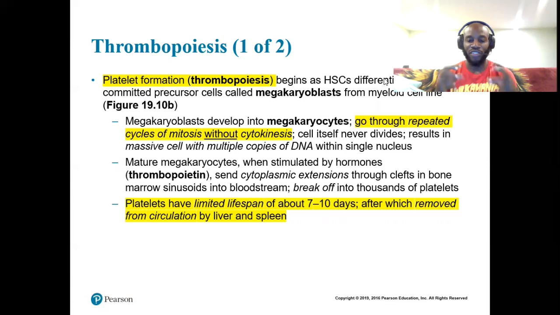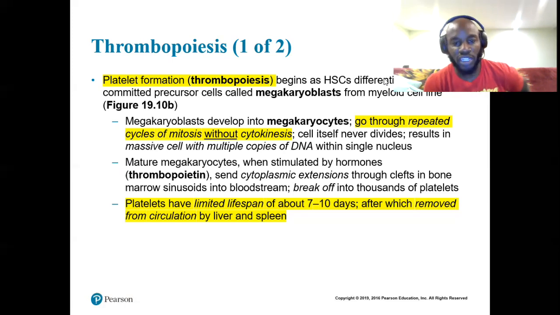Mitosis is cell division, and cytokinesis is breaking the cell apart into two separate parts. So the cell divides, but it still stays as one cell. So basically it just gets bigger and bigger as one big cell. In normal mitosis, a cell doubles and then splits apart by the process of cytokinesis and forms two cells. But this cell is going to just form one big cell.